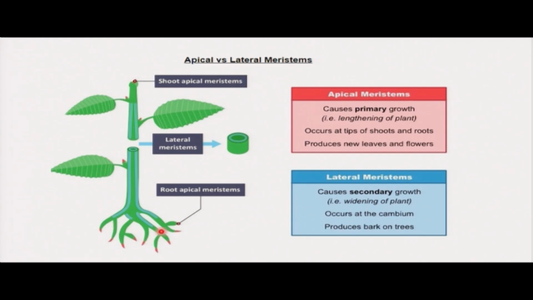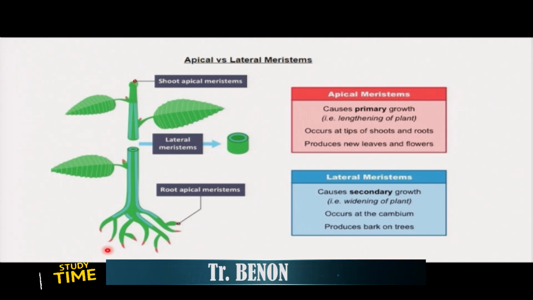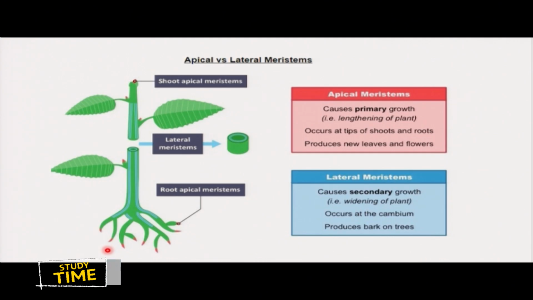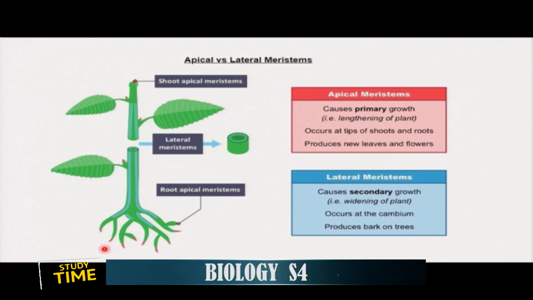Then the roots are also going to increase in length as they move downwards, looking for water and mineral salts, meaning apical meristems are responsible for primary growth. Primary growth is the lengthening of the plant. So apical meristems are located at the tips of the shoot and roots.